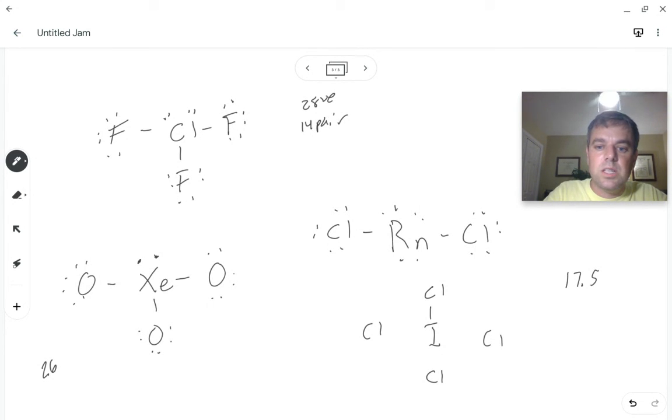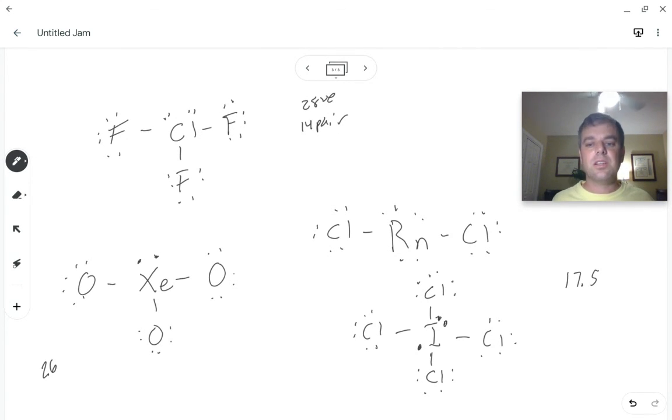So we go 1, 2, 3, 4, 5, 6, 7, 8, 9, 10, 11, 12, 13, 14, 15, 16, 17, plus an extra electron. So you just stick that extra electron, that's called a free radical, we just stick it on there as well.